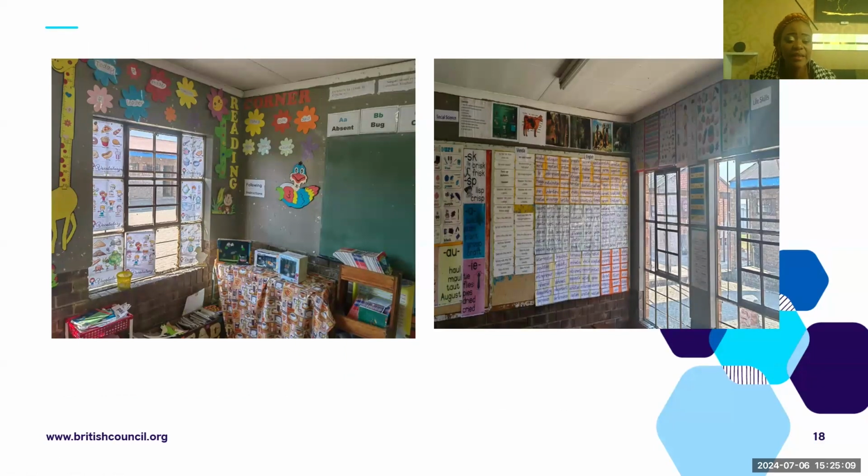Right, so that is my classroom. This is my current classroom. I ensured that I divided my classroom based on the learners' ability. For example, we do have a reading corner. I ensure that the kids who struggle a little bit with reading, I group them according to their abilities.